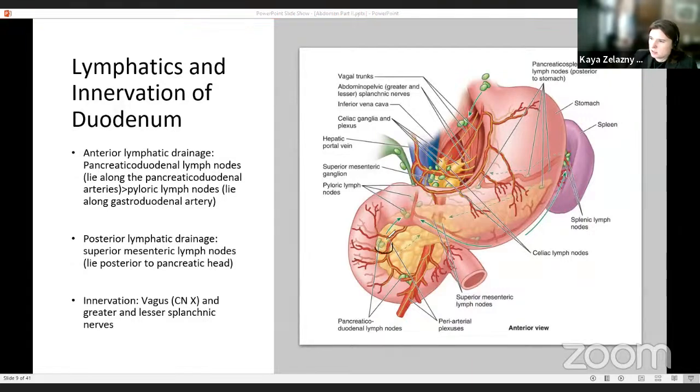In terms of our posterior lymphatic drainage, this is where we're going to go back towards the superior mesenteric lymph nodes. So this is a little bit different in terms of our direction. We can see those there. In terms of innervation, our parasympathetic innervation, our rest and digest, is coming from the vagus nerve, and sympathetic innervation is coming from the greater and lesser splanchnic nerves.